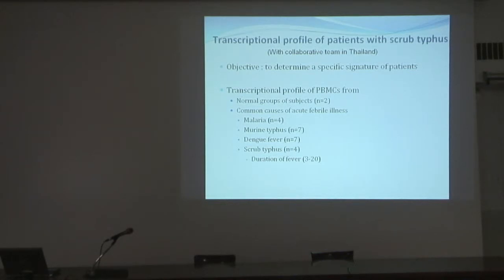The objective is to determine a specific signature of patients, and we collected PBMC from normal subjects and from patients with various tropical diseases including malaria, murine typhus, dengue fever, and scrub typhus. We want to determine a specific signature that may be helpful in the diagnosis of scrub typhus.